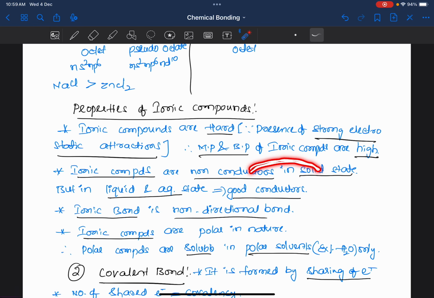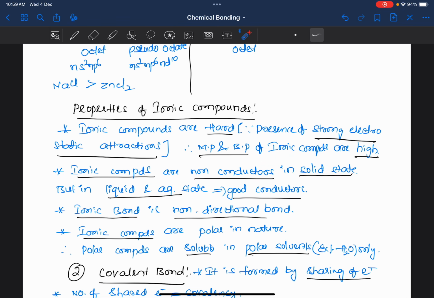Because in solid state all the ions are closely attracted with each other. When they are closely attracted, there is no movement of ions. So therefore they act as non-conductors, especially in solid state.